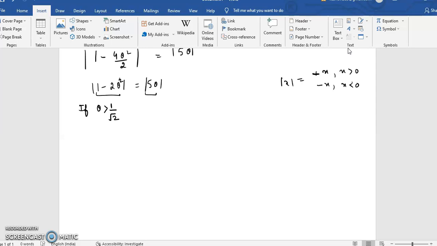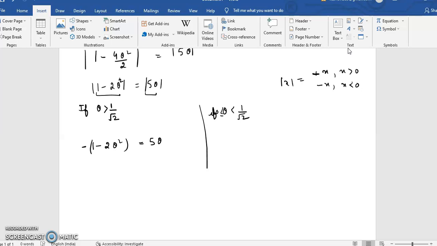So for this I have to write 1 minus 2 theta squared with a negative sign equal to theta, as theta will be positive when theta is greater than 0. Similarly, if theta is less than 1 by root 2, the left side will always be positive, and the right side is positive anyway, so it is in between.